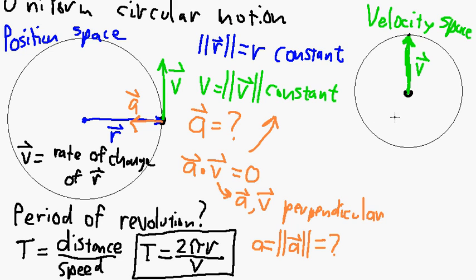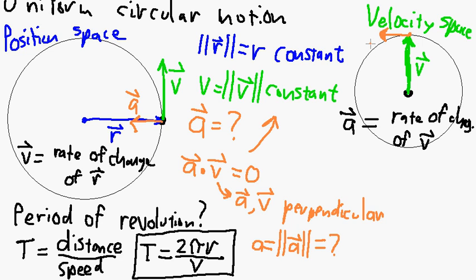So what we want to find is something analogous here. What's the rate of change of velocity? That is acceleration. Does this mean we can take the acceleration vector and draw it up here the same way we drew velocity attached to the object, showing which way it's moving? Can we draw an acceleration vector up here, showing which way the velocity is moving?